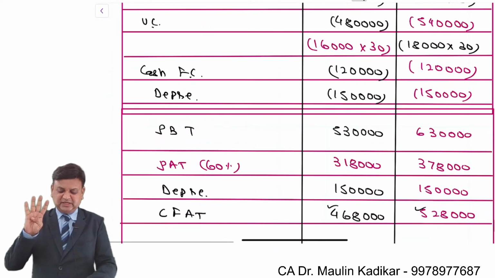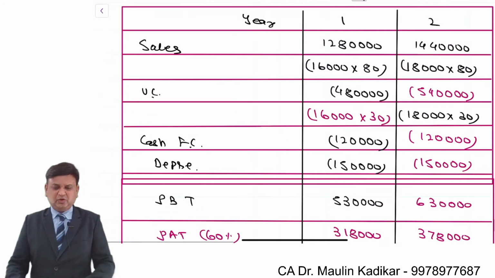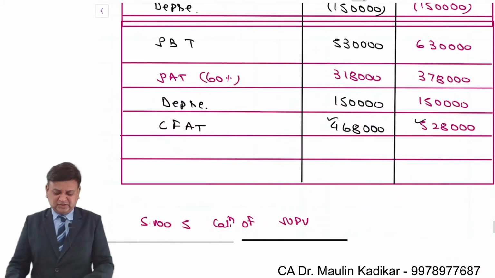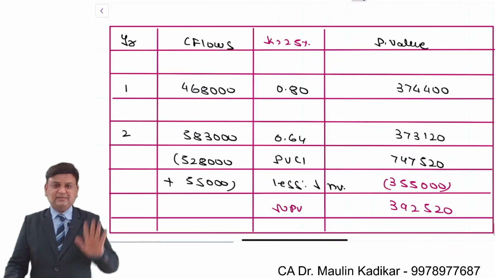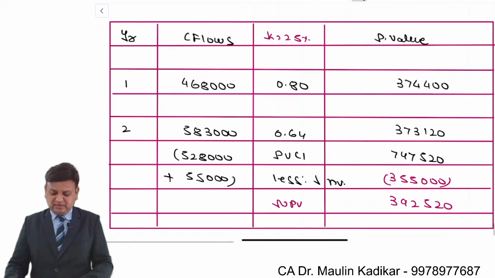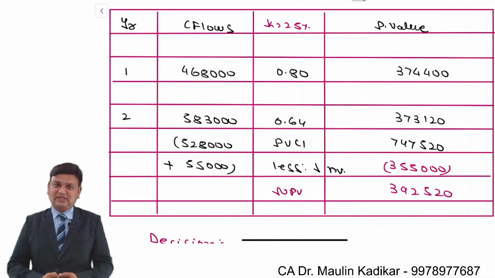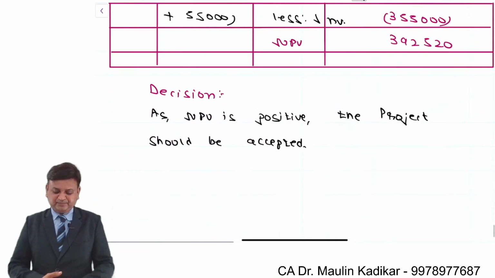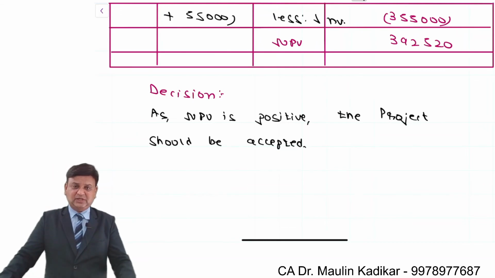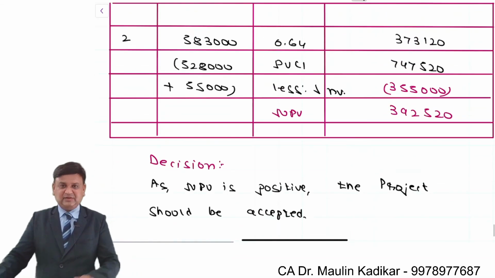Step number 4 is recurring cash flow. Simple: you compute the profit, then you add back depreciation, which is a non-cash item. In step number 5, the future cash flows that you are going to receive are discounted to present value, and from that the investment is deducted to calculate NPV. The final decision is that as NPV of the project is positive, the project should be accepted. This is the way we take a decision.